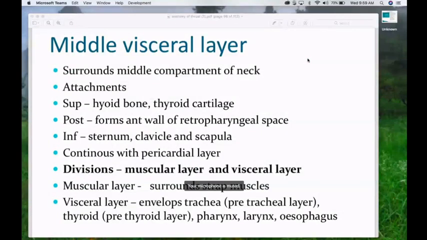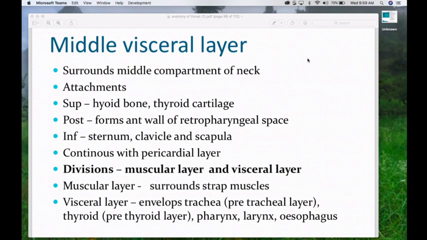Now the middle visceral layer. The middle visceral layer surrounds the middle compartment of the neck. It is attached superiorly to the hyoid bone and thyroid cartilage. Posteriorly, it forms the anterior wall of the retropharyngeal space. Inferiorly, sternum, clavicle, and scapula, and it contains the pericardial layer.